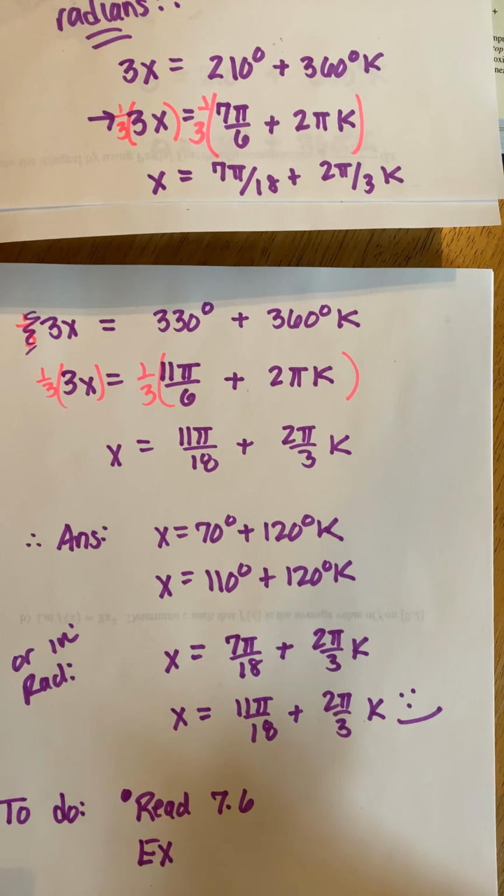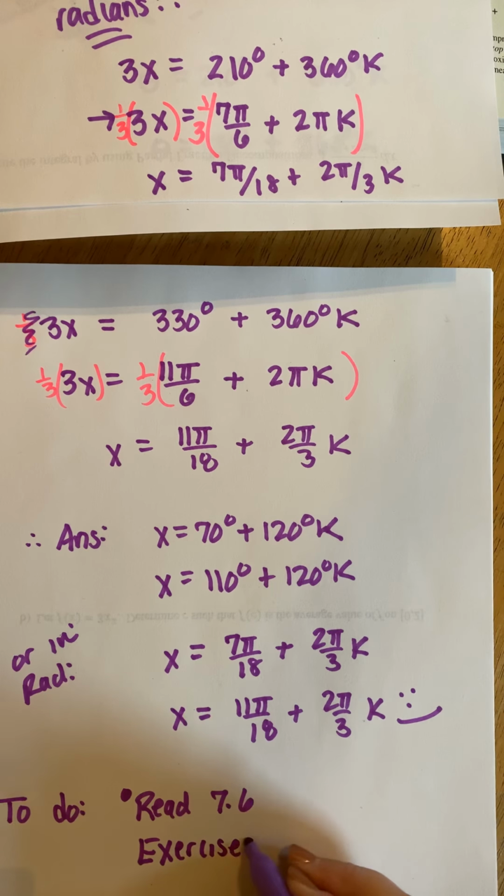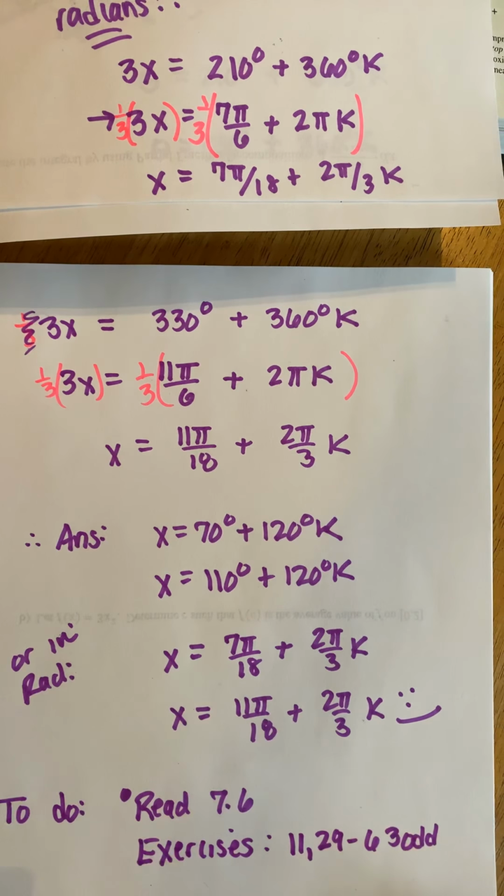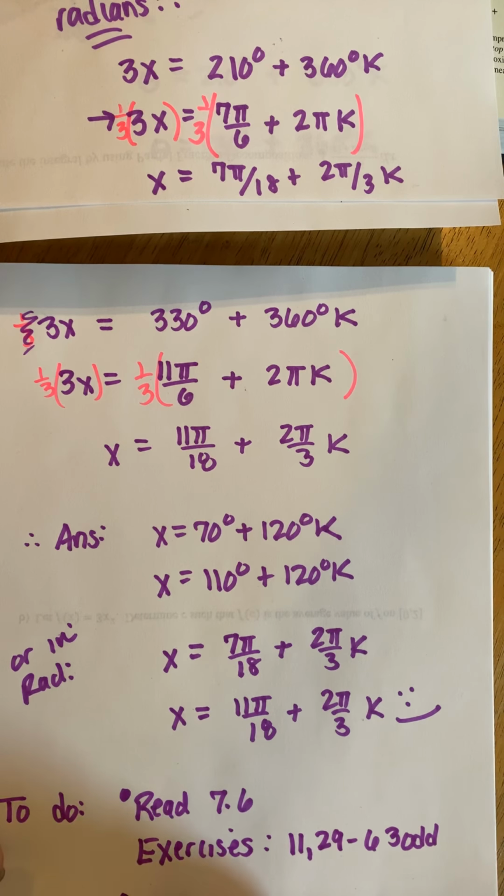If you are still having problems seeing your grade book, make sure you go into reports instead in your drop-down menu, and you can see where you stand. Exercises in 7.6 in the text: look at 11, and then 29 to 63 odd. If you want even answers, feel free to send me a message, and I'll be happy to provide you the even answers.